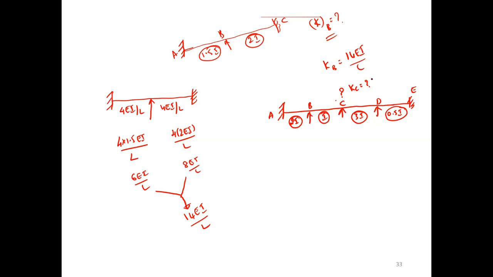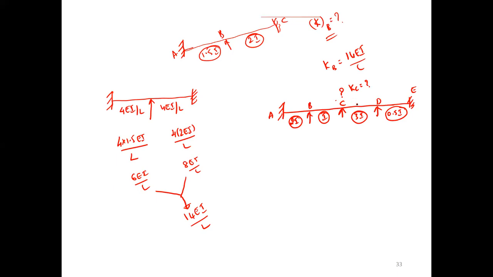When I am talking about C, what are the adjacent members related to joint C? CB and CD. What kind of span are CD and CB, intermediate span or end span? Intermediate. For intermediate, what is the relative stiffness? 4EI by L for both.